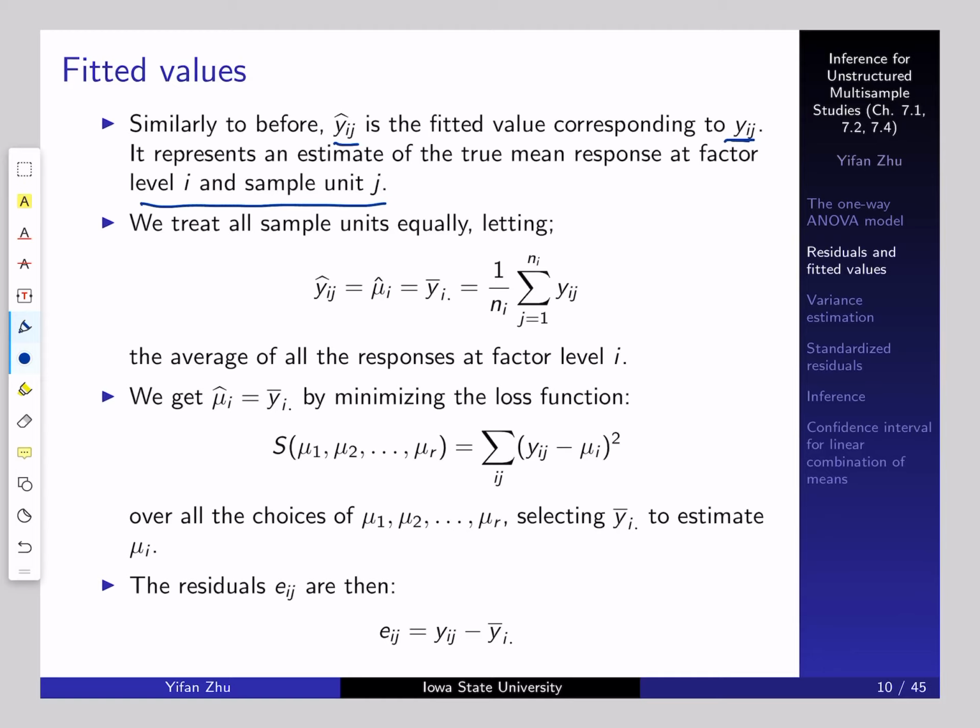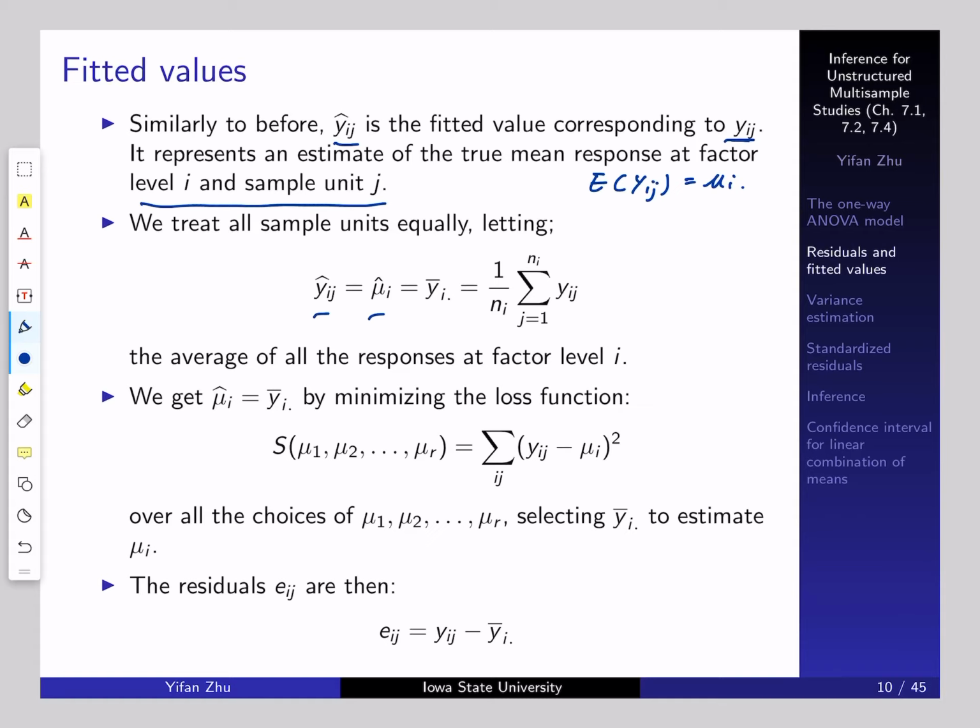And as you can see, because the Yij's expectation is always mu i, if two observations fall within the same level, since it's an estimation of the mean, Yij hat should all be equal to mu i hat.